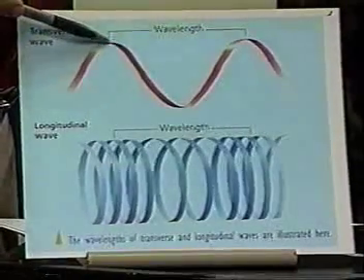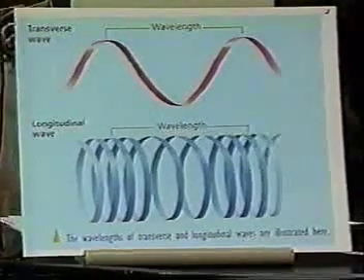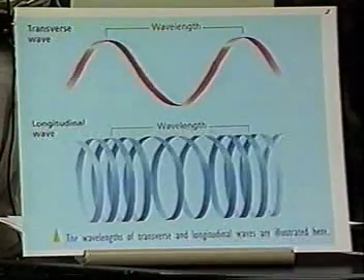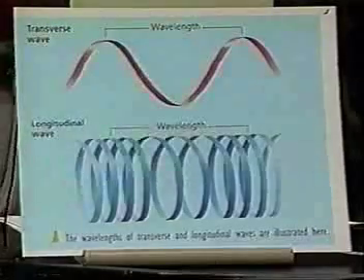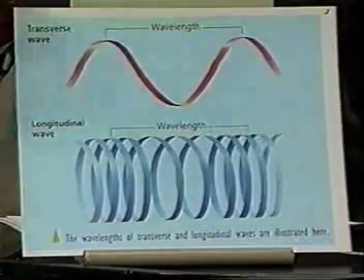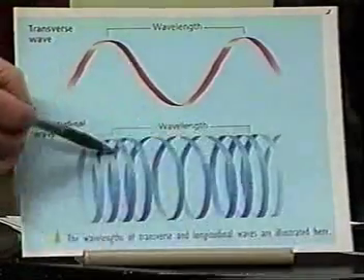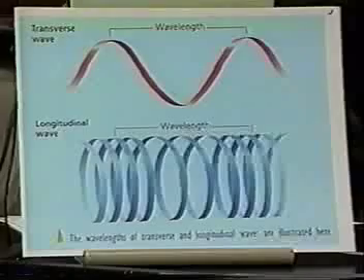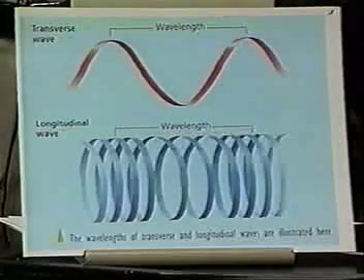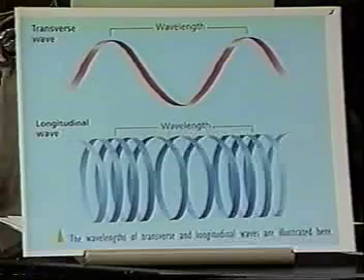When we pick the same point up here at the crest to here, there's a distance between them, and that distance is the wavelength. Same with the sound waves: where it's compressed here and over here, there's a distance between those, and that's also called the wavelength. It's how long those waves are.